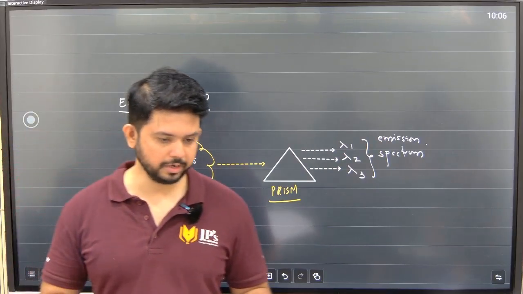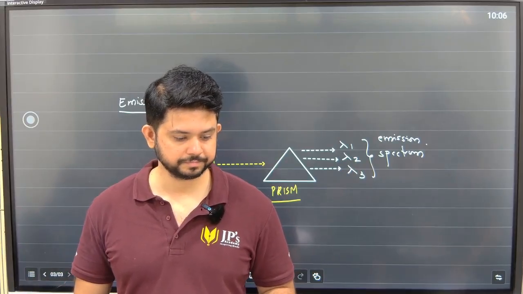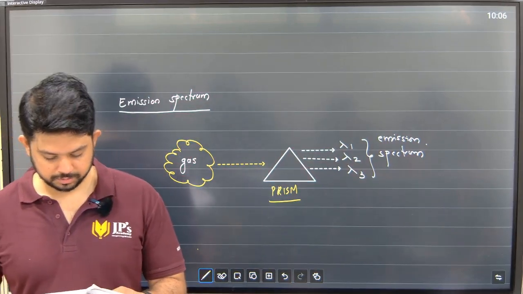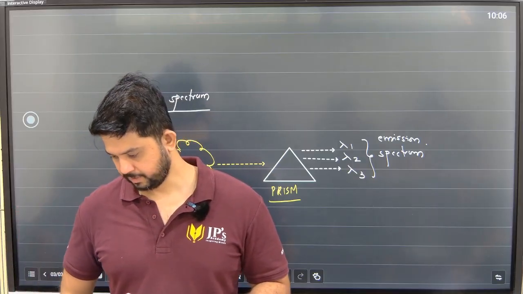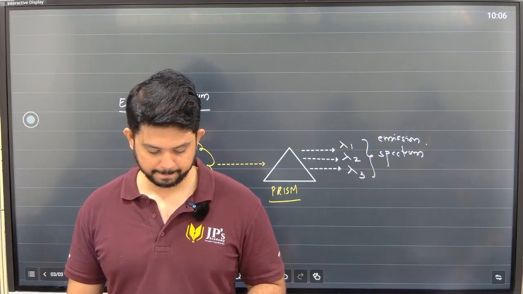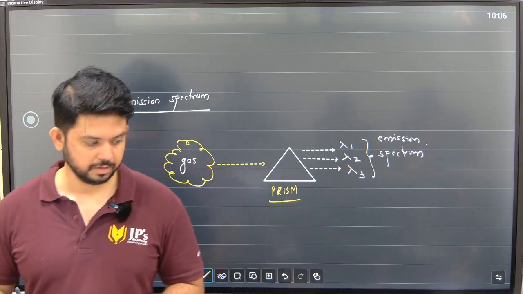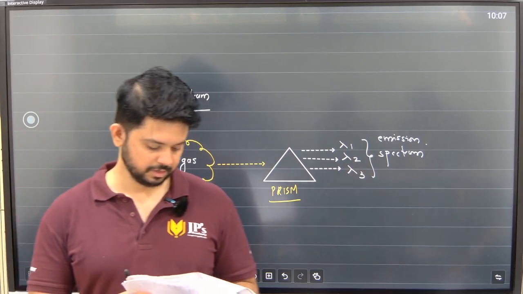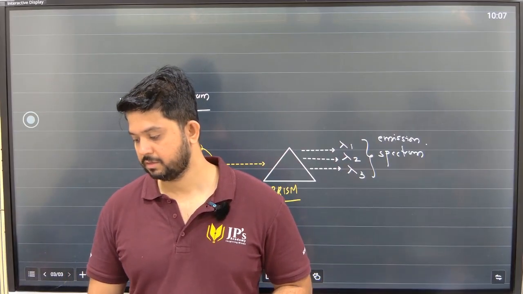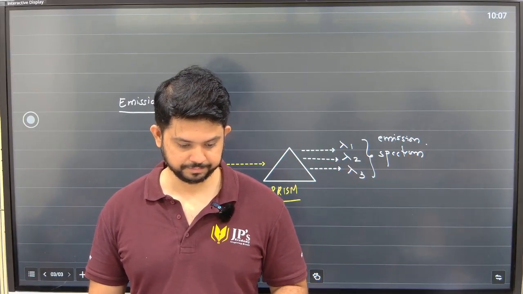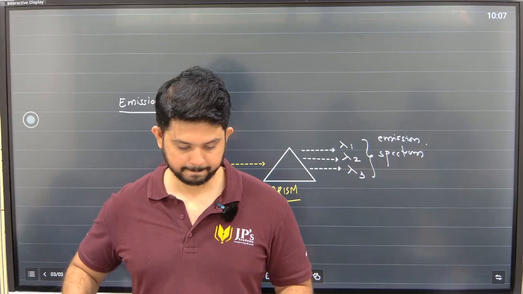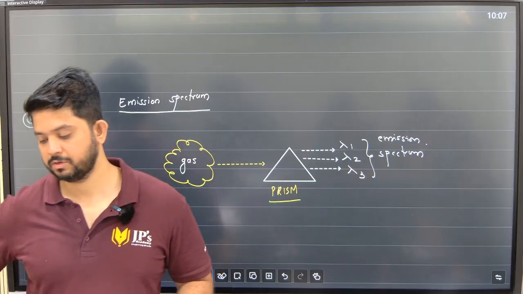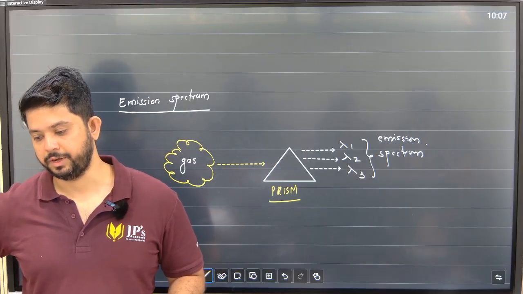When there is no sharp boundary between two consecutive wavelengths or lines in a spectrum, then we say that it is a continuous spectrum. For example, rainbow.